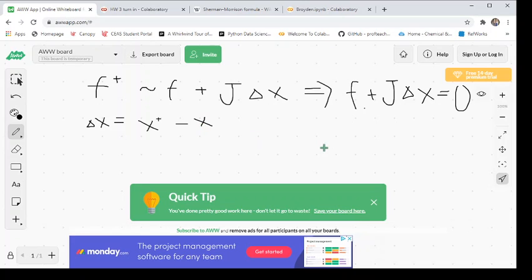Alright, and now if we evaluate at this new point, x plus, we get information about the function and the Jacobian. So the previous Jacobian wasn't correct, which we know here.